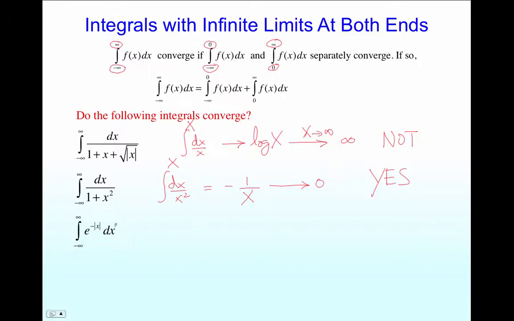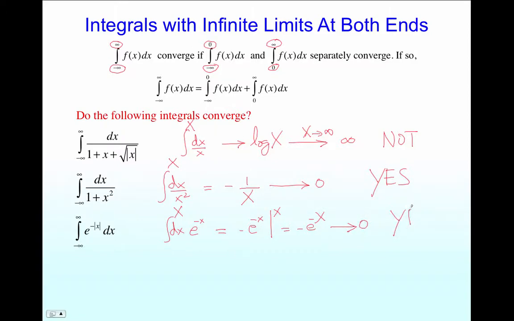Now look at this one. Here we have e to the minus magnitude of x. So let's consider the positive values of x first. That's e to the minus x, going all the way up till capital X. Now this is just minus e to the minus x, and when we put capital X equal to x, this becomes e to the minus X. That goes to 0 as X goes to infinity.